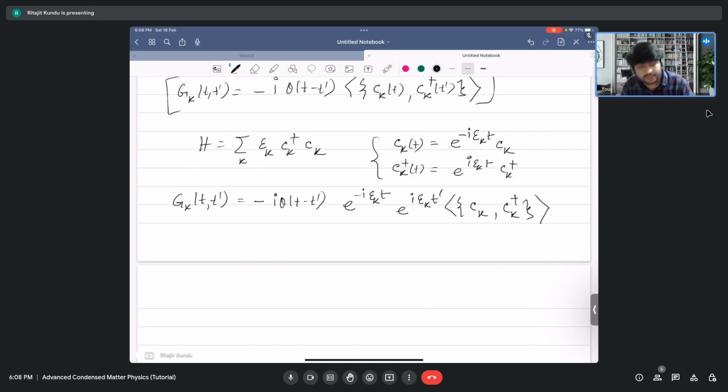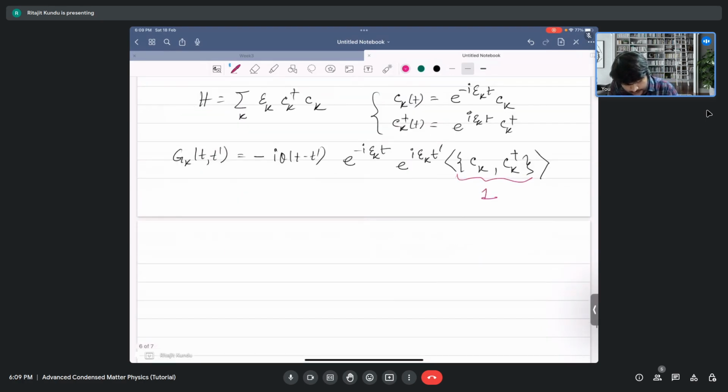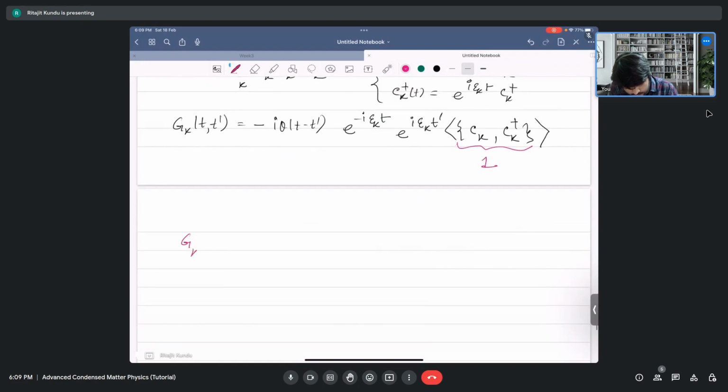So you see, by doing this, I have actually reduced this anti-commutator, which is not at the same time, to an equal time anti-commutator, right? And we know that this equal time anti-commutator is actually just 1. Okay, so the Green's function G_k(t, t prime) is given by minus i theta(t minus t prime) e to the power minus i epsilon_k (t minus t prime).